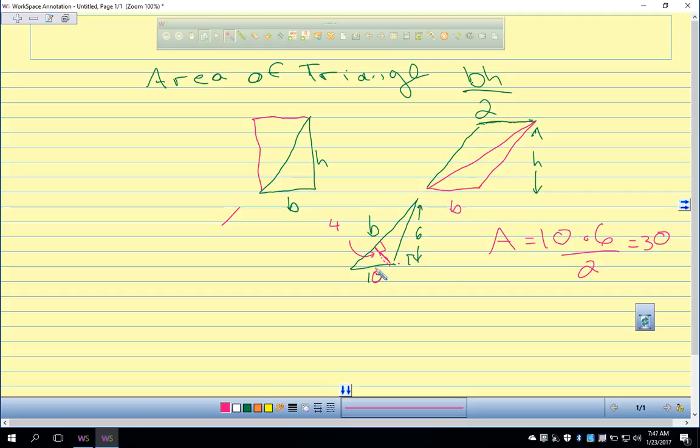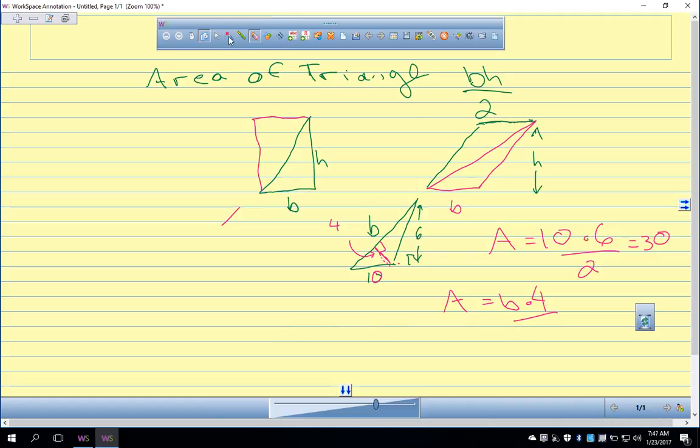So I could also find the area of this triangle going B times what? B times 4 divided by 2. Whoops, divided by 3. I meant to say 2. Okay. Divided by 2, right? And so this area, whether I multiply this times this and divide by 2, or whether I multiply this times this divided by 2, what does that area still have to be?